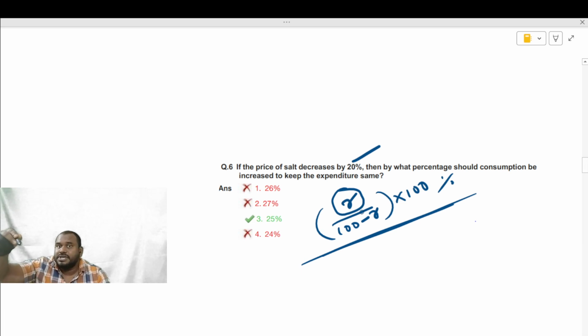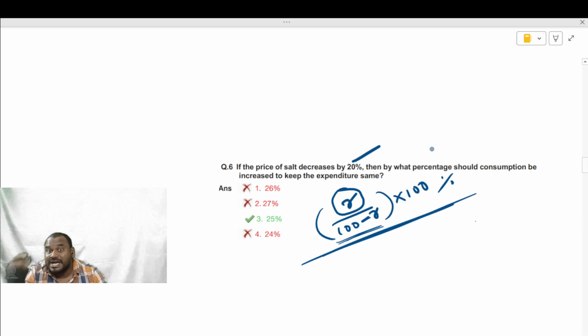It becomes more than 100 when the denominator is less, if you subtract from 100. Remember this: if the price decreases, consumption will increase. In that case, use this formula.